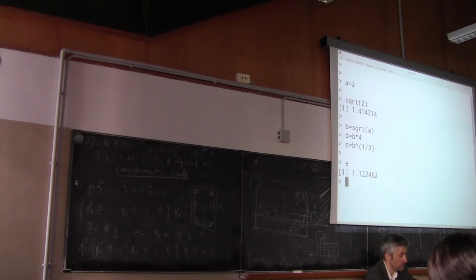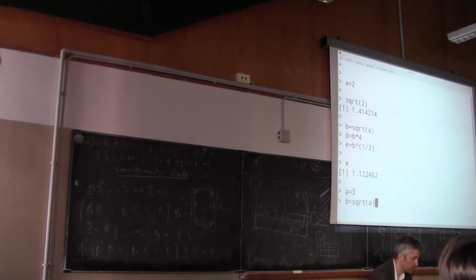In this case, let's suppose that we realize now that we want to do this sequence of operations, which led me to get an E value of 1.12. Let's assume that we want to repeat for different values of A. So, of course, one possibility is to go back. So I could say, okay, A equals 3, and then go back.